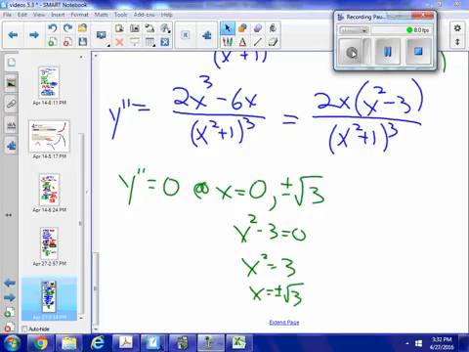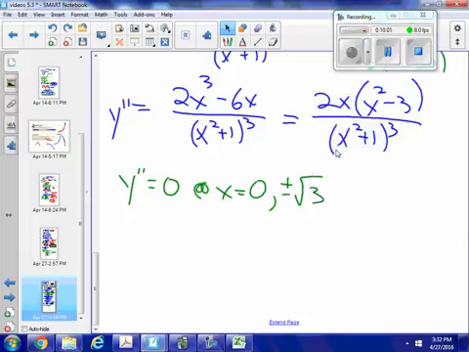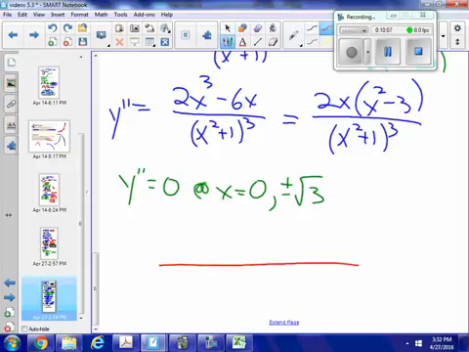Remember now, I'm looking for inflection points. So I need to set up my number line. And those are the possible places where I will have inflection points. So here's 0, 1, 2, 3, -1, -2, -3. Radical 3, I'm not really positive what exactly it is.